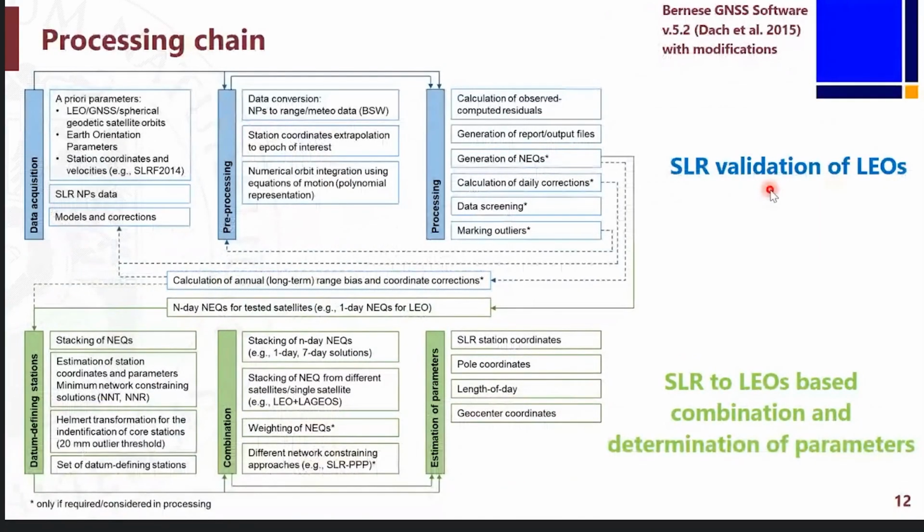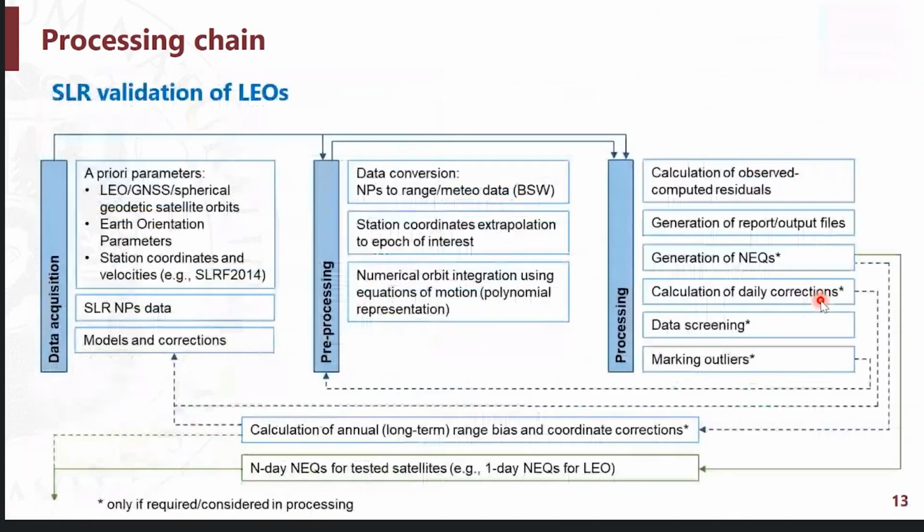Now I will move to the processing chain, which can be divided into two parts: SLR validation of LEO, and SLR to LEO-based combination and determination of parameters. All of these are calculated by using Bernese GNSS software with additional modifications. The first part considers data acquisition, in which I've used a priori parameters, POD products, Earth orientation parameters, station coordinates, and of course SLR observations.